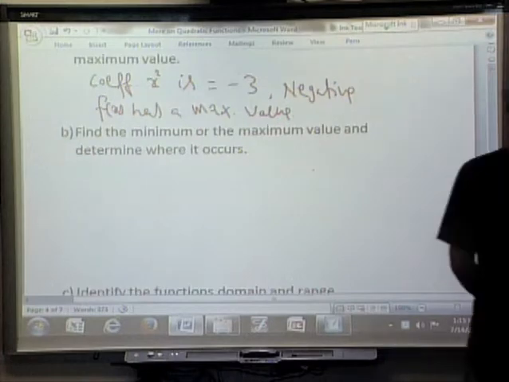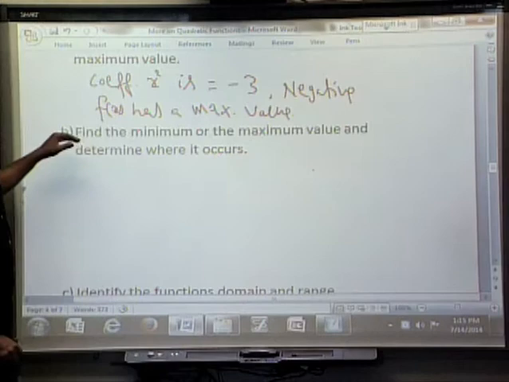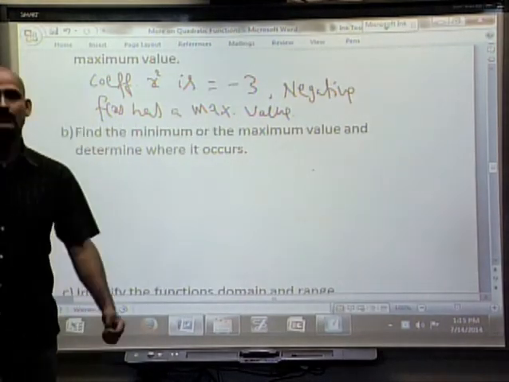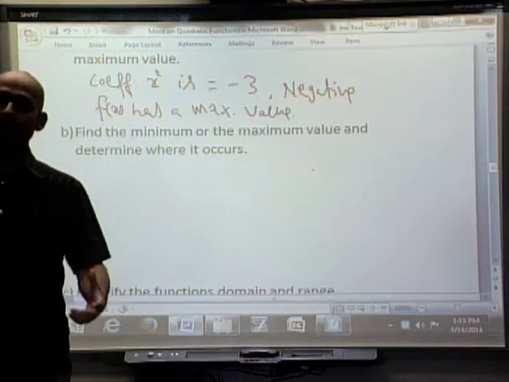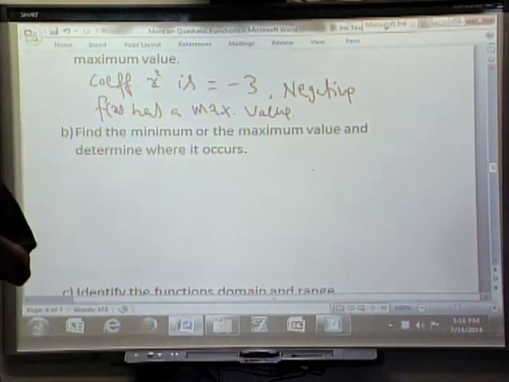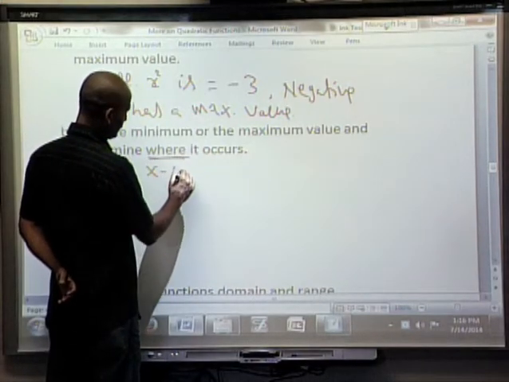Now, we already know the function has a maximum value, and in part b, we want to find the maximum value and determine where it occurs. We want to know how much the maximum value is, and we want to know where it occurs. The answer to where is the x coordinate.